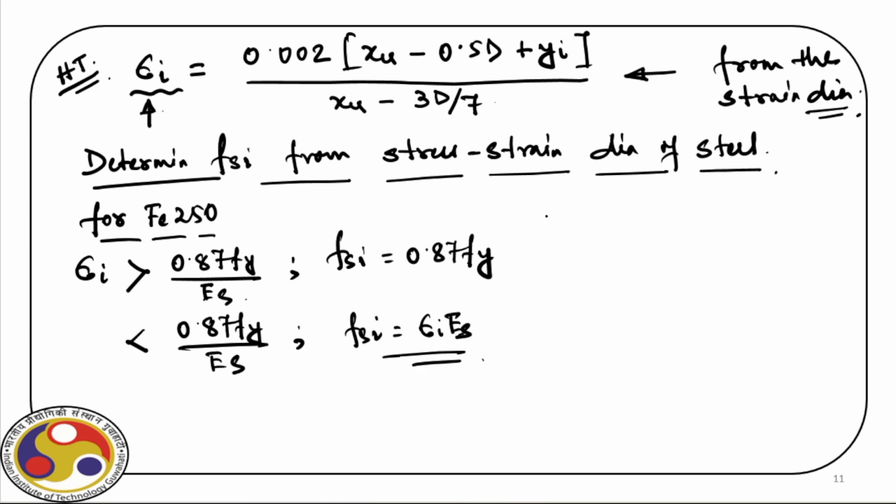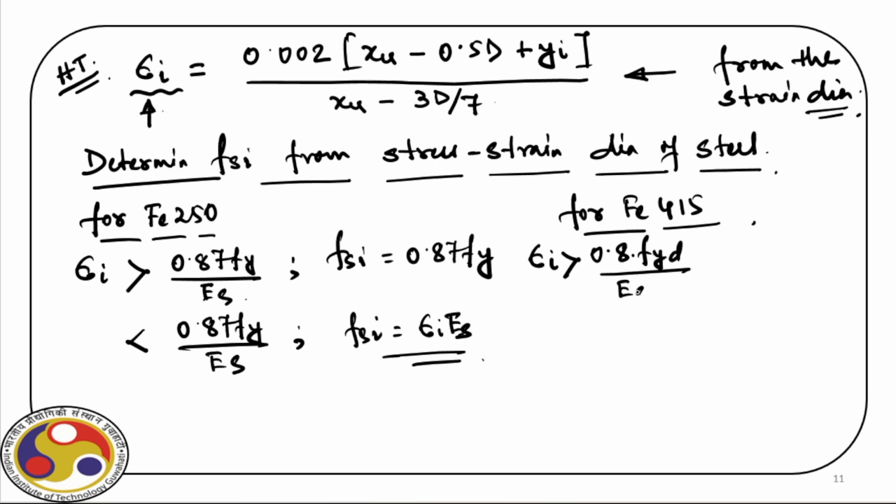Now for Fe 415, the procedure is all the same, but for 415, if epsilon i is greater than 0.8 times fyd divided by Es, in that case fsi is read from the table.